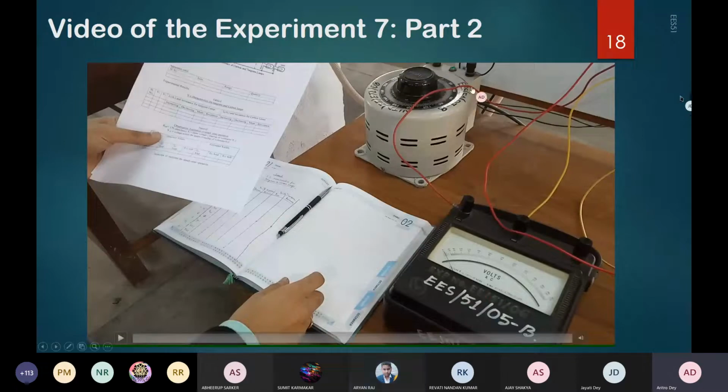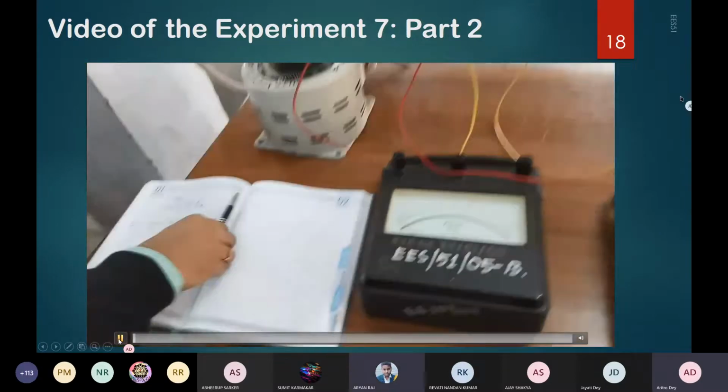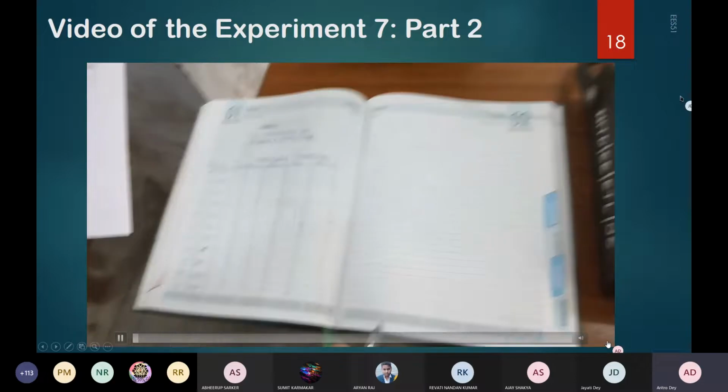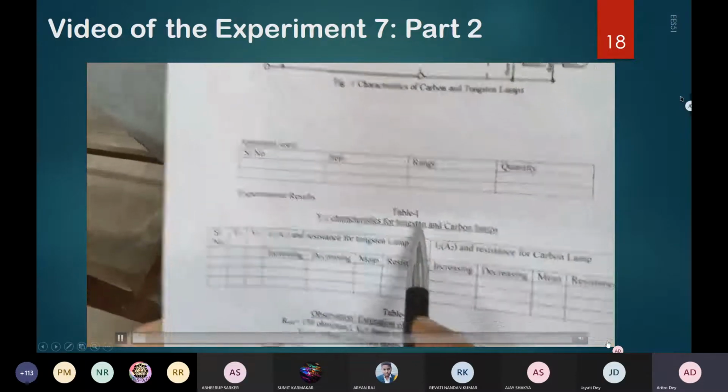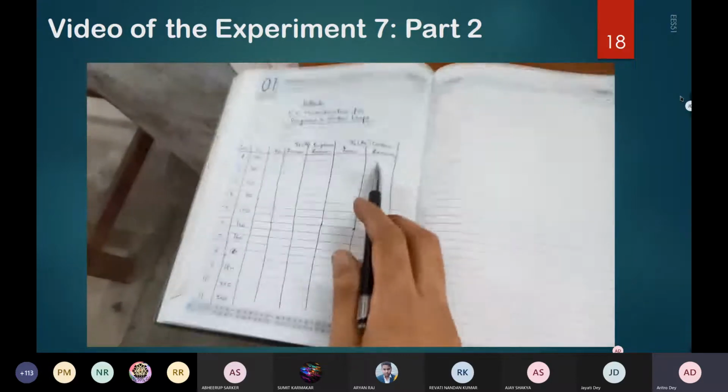So let us now go to the second part, to get the data set for the VI characteristics. Now as our circuit is complete, we can start taking the readings. You can see I have prepared the same reading table 1 in rough for the calculation.